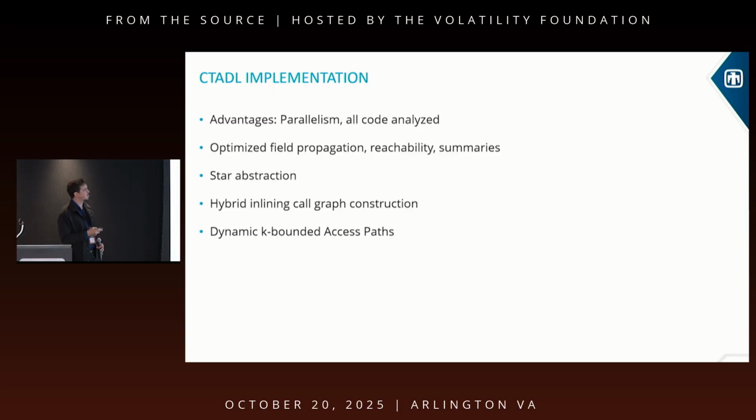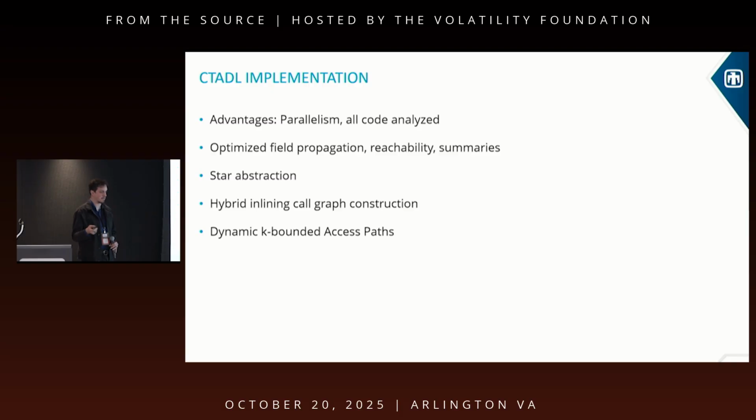We have optimized rules for all the parts of the process that I mentioned, but in addition, we have a couple of other abstractions which let us reason about more data flows than we would get just by following the direct flows. We have a somewhat fancy call graph construction, so if you're interested in that, I can talk about that later. But constructing call graphs is somewhat difficult for some languages.